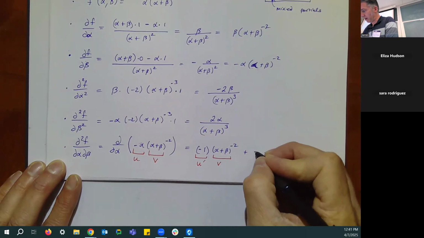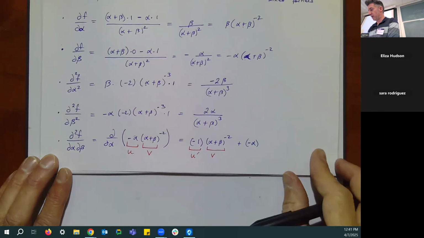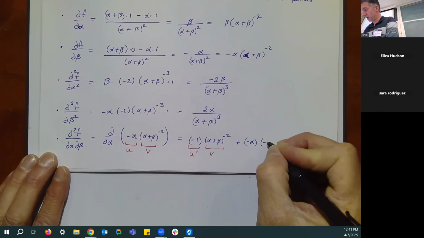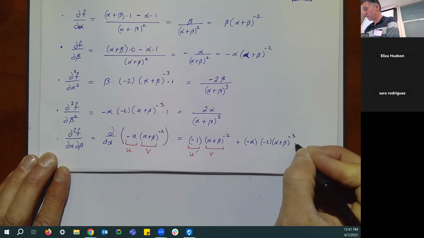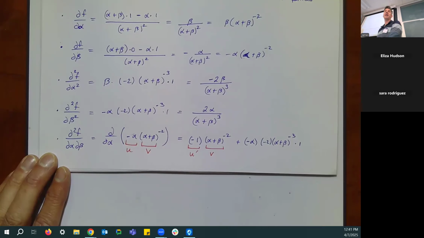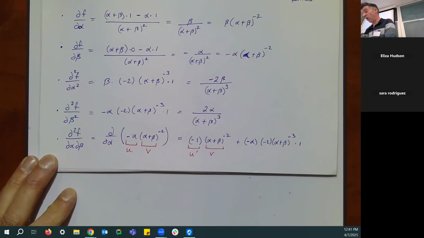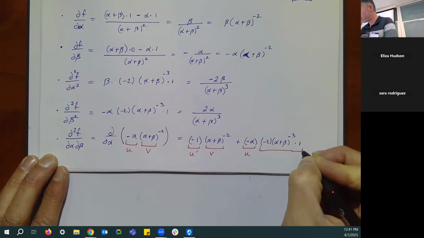It's going to be negative alpha multiplied by the derivative of alpha plus beta to the negative second, which is -2 times alpha plus beta to the negative third, multiplied by the derivative of the inside, which is 1. I know we don't need to really write that here, but in future examples, the derivative of the inside might not just be 1. It's good to be thinking about the chain rule kind of always.